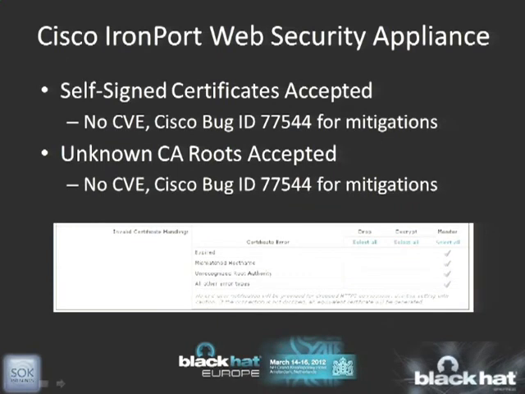The warning is a little bit scary, that users aren't going to get notification, but that's kind of what you want if you're encountering obviously invalid certificates. So anybody who uses IronPort, I'd definitely encourage you to check out these settings, look at your configurations, and take action. But there's no CVE, and Cisco doesn't really have plans to change this because it's seen as a configuration issue.